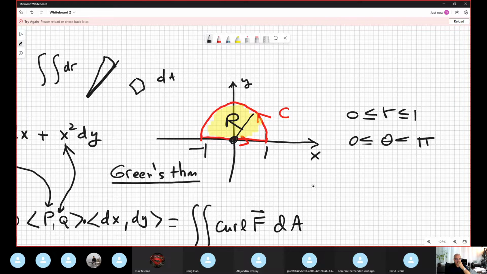This side is a little bit curvy, and this is d theta, and this is not curvy, it is like dr. When you are doing this integral, you extend r to the limit that you need, from 0, which is the origin, to touch the boundary of our region, which is the semicircle, which is 1.